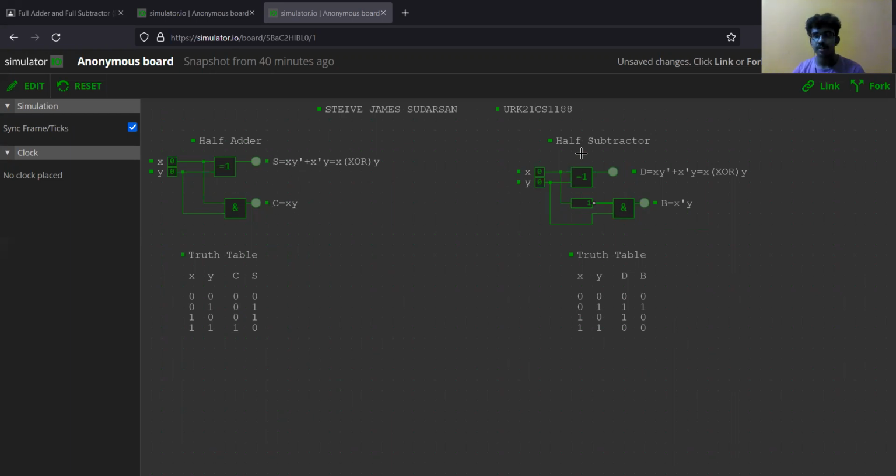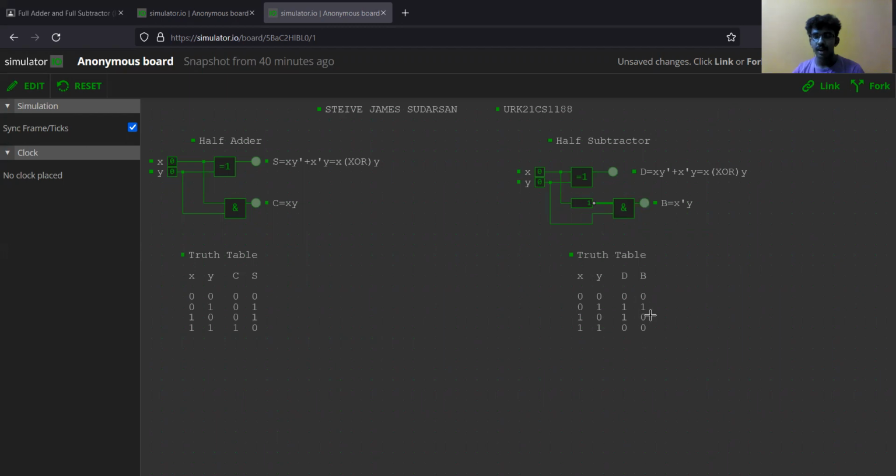And now going to the half subtractor, the difference D is 0, 1, 1, 0, and the borrow is 0, 1, 0, 0. Moving in the same way, for calculating the formula of the difference, we take the rows with output 1, that is x as 0 and y as 1, which is x bar y, and the other row 1 and 0, which is x y bar, which represents the formula x XOR y.